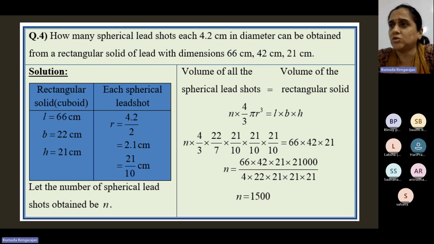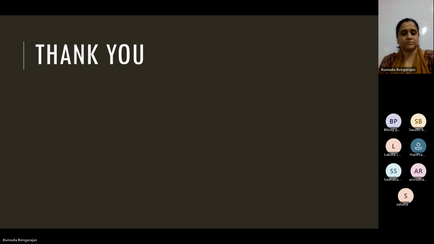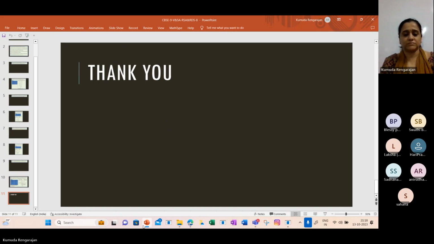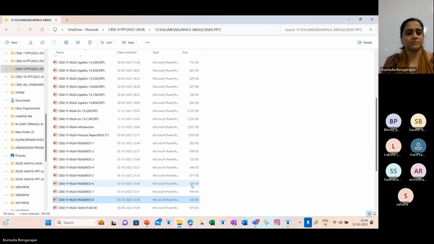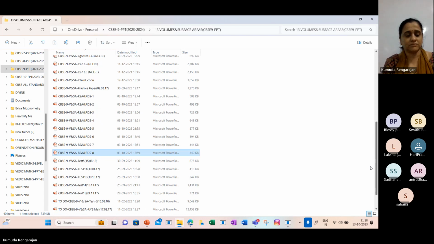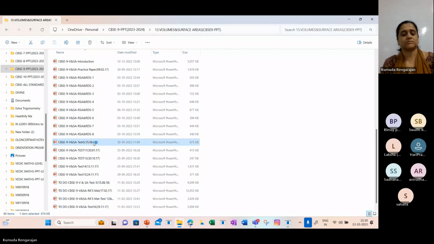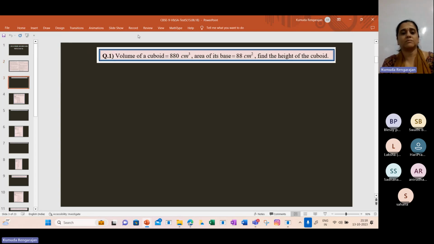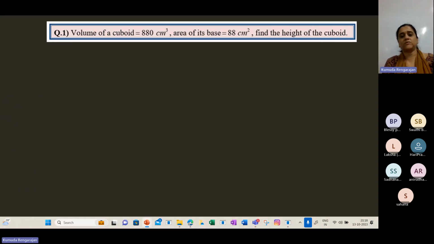N into 4 by 3 pi r cubed is equal to LBH. Try this one, all of you.